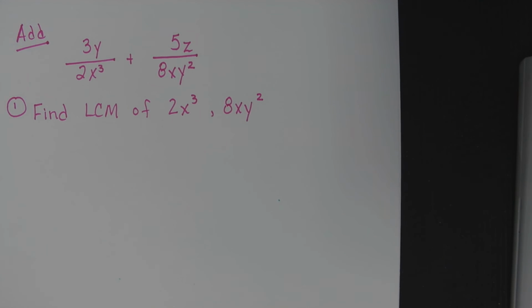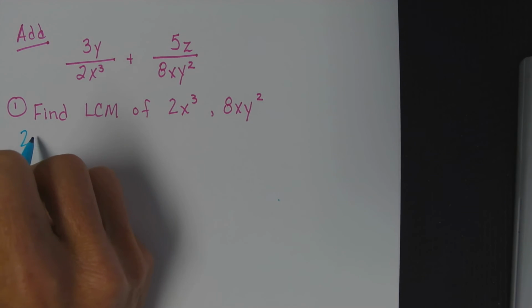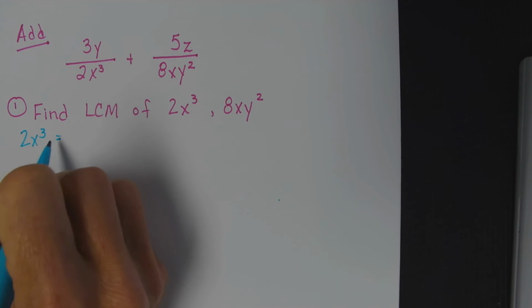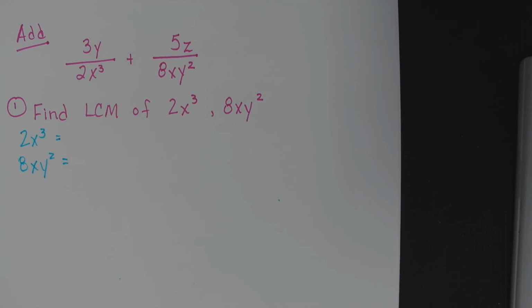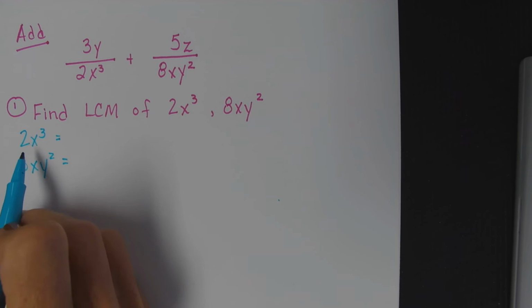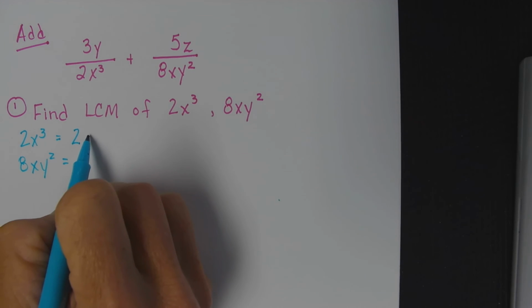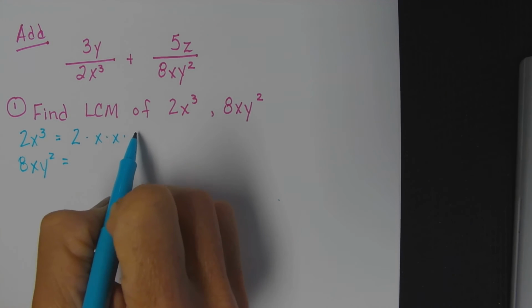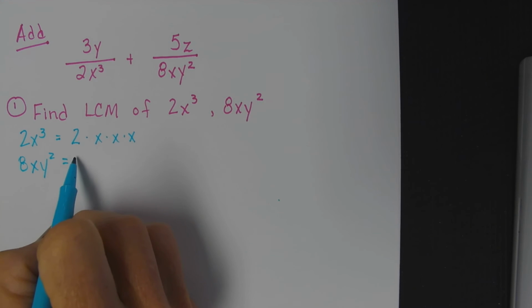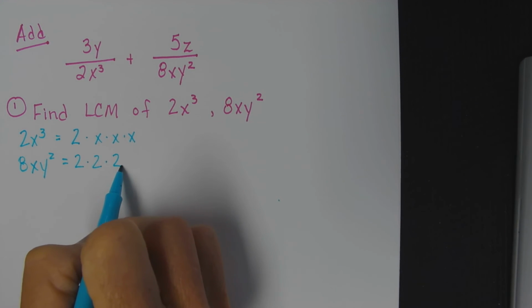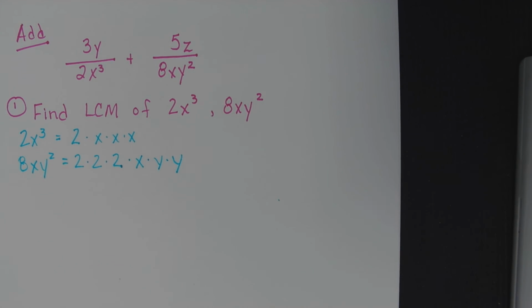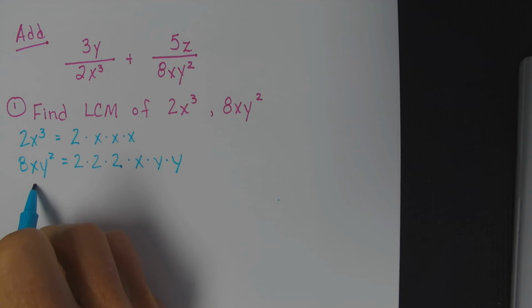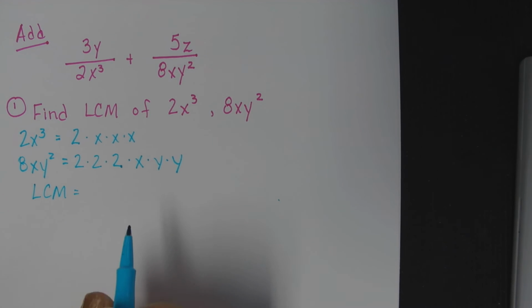So what you're going to do is what we just did. You're going to have 2x to the third and 8xy squared. So break down 2, it's just 2, right? And you have how many x's? 3. 8 is 2 times 2 times 2 times x times y times y. Least common multiple. Let's do the numbers.